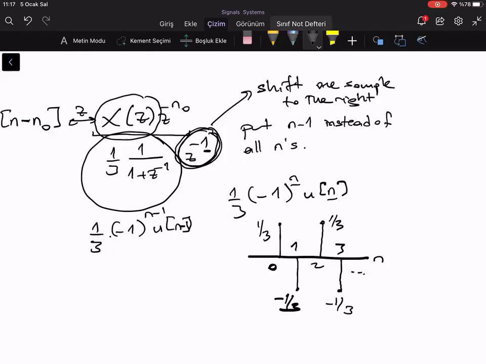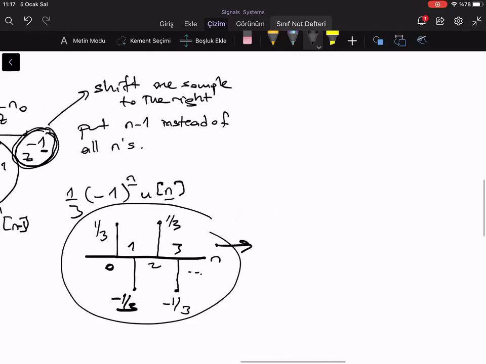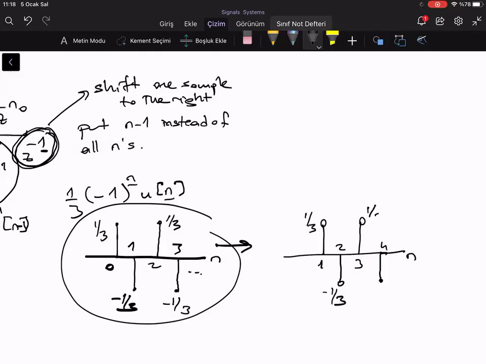So what should I do? I will shift this whole thing one sample to the right. That means it will be the same sequence, but now starting from 1, 2, 3, and 4. Now it should be like 1 over 3, minus 1 over 3, 1 over 3, minus 1 over 3.